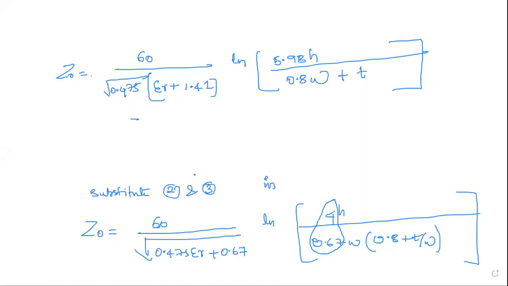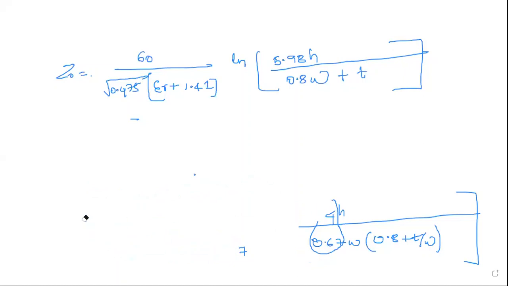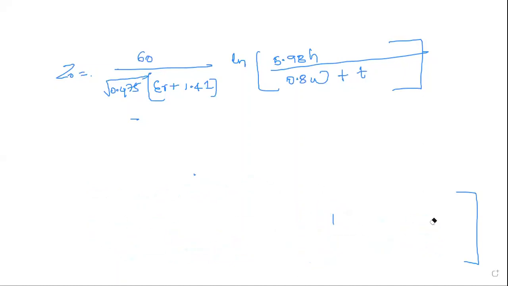Now again, to simplify this, divide 60 by square root of 0.0475. How much is it? 60 divided by square root of 0.0475, how much? 87.05. Okay, 87 divided by, sorry, there is a square root here.